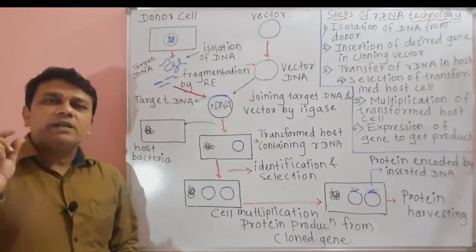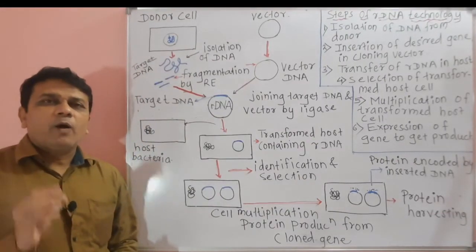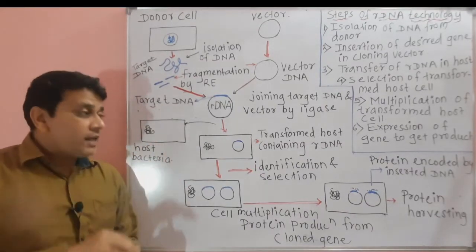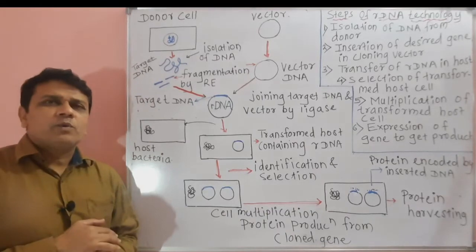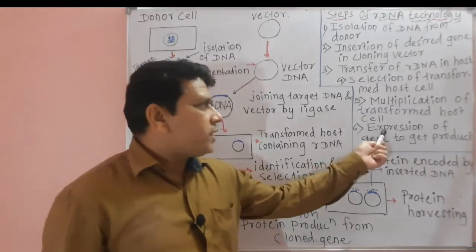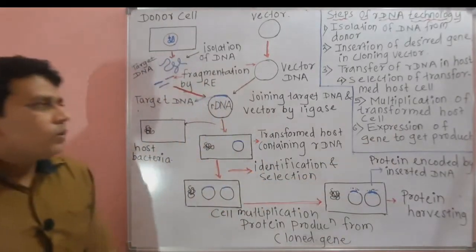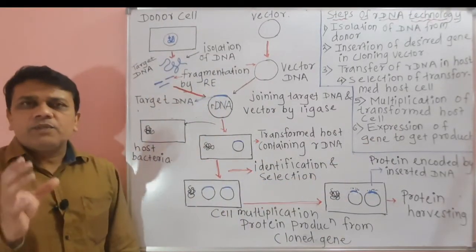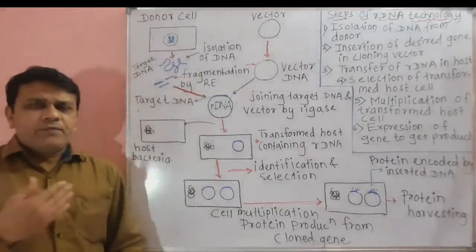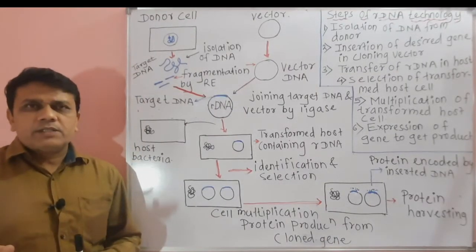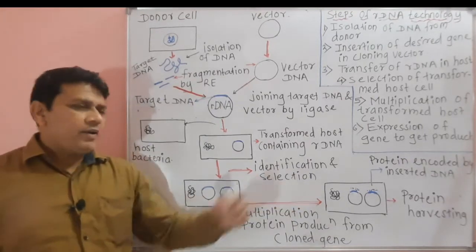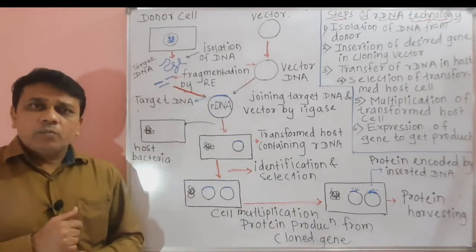So there is the expression of the desired DNA or gene, and particular types of proteins are produced. This is called expression of gene, and it occurs to get certain products like different kinds of antibodies, different kinds of proteins, as well as antibiotics.